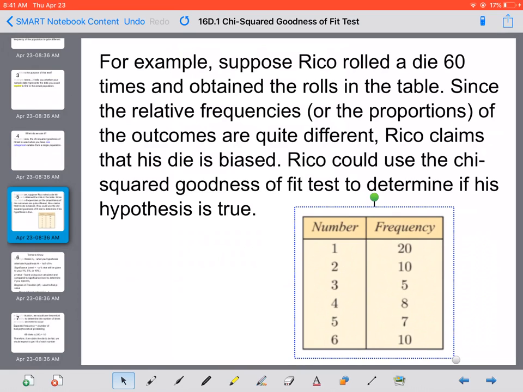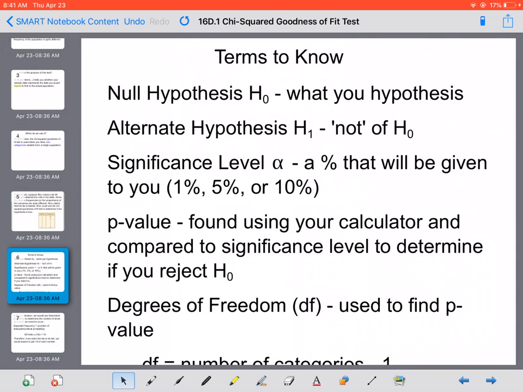He got 1 20 times, but then only got a 3 5 times. So he's going to use the chi-squared goodness of fit test to determine if his die is biased. We want to know if this hypothesis is in fact true. Is it biased?